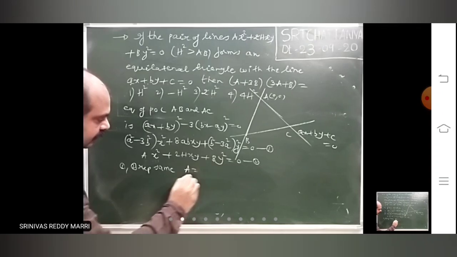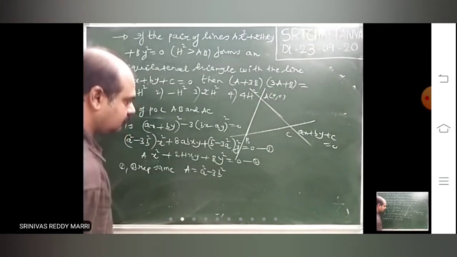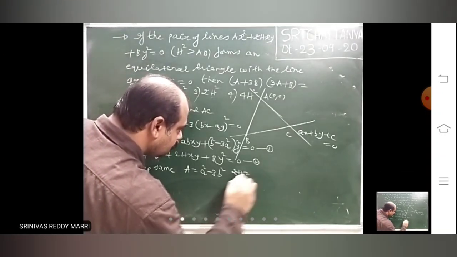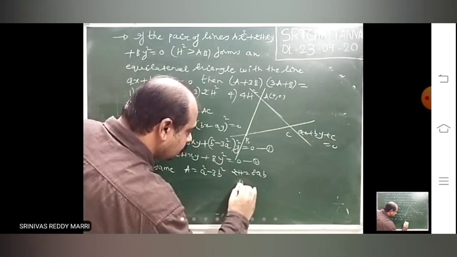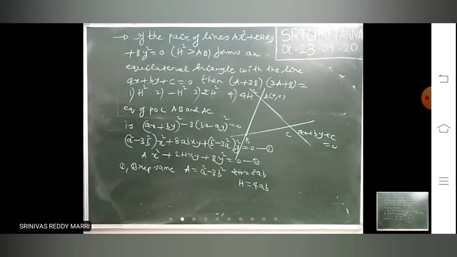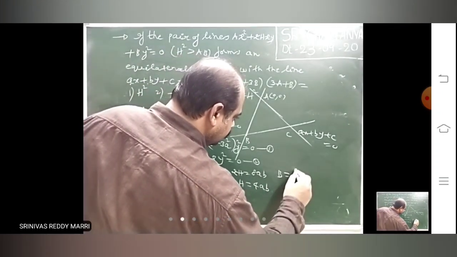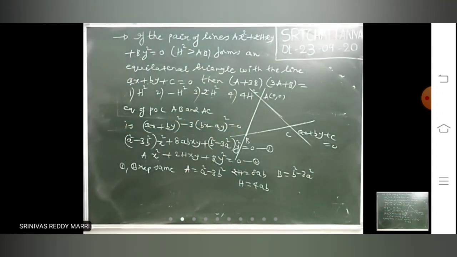That means A is nothing but this, 2H is nothing but this. So then B is nothing but this. B is nothing but this.